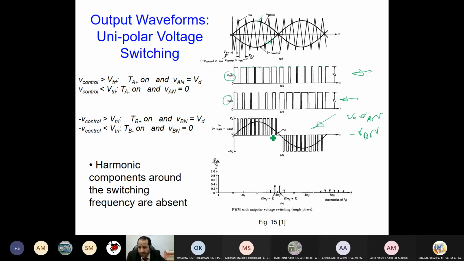Now, have a look at this waveform. What does it tell me? First of all, the fluctuation here is between 0 and VD for half of the time, and between 0 and minus VD for the second part of the time. If I compare it with bipolar, you remember bipolar goes down, the fluctuation is high, and the same thing for the other one.